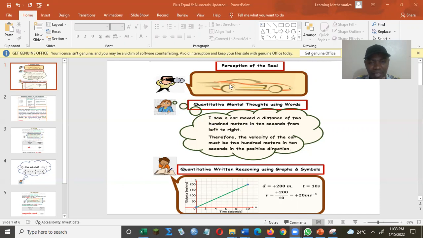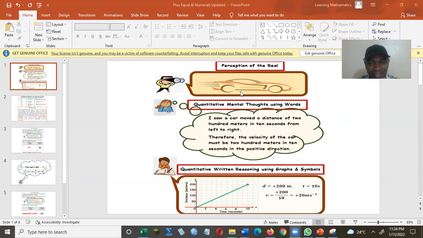So you are not only thinking qualitatively, but you are also thinking quantitatively. The distance moved in time, all right? Therefore, the velocity, a concept that you abstract, the velocity of the car must be 200 meters in 10 seconds in the positive direction.